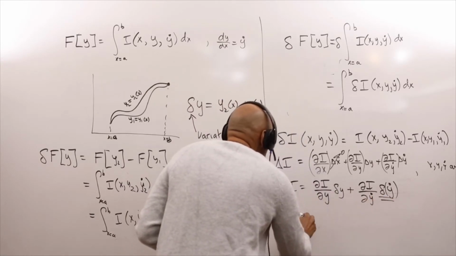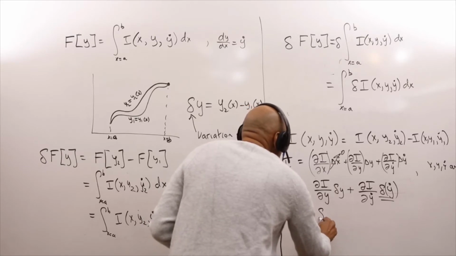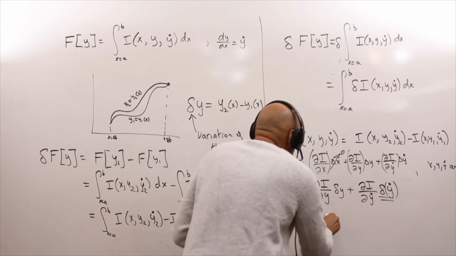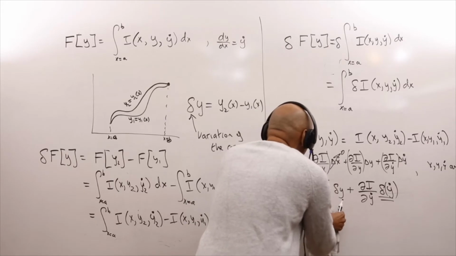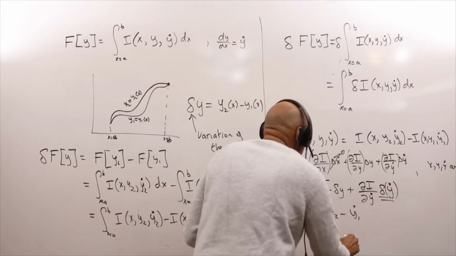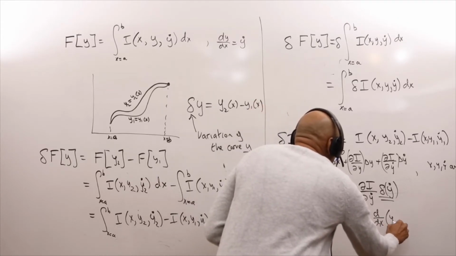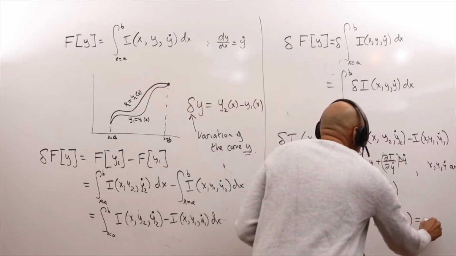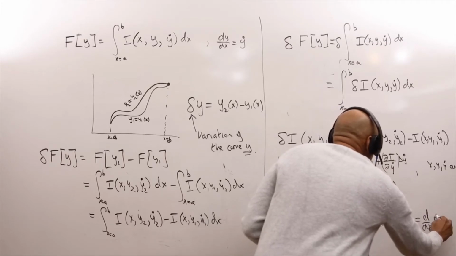The variation of y dot is really the difference between dy2 dot, sorry, it's y2 minus y1 dot, but that's really dx of y2 minus y1, which means that this is really the derivative of the variation of y.